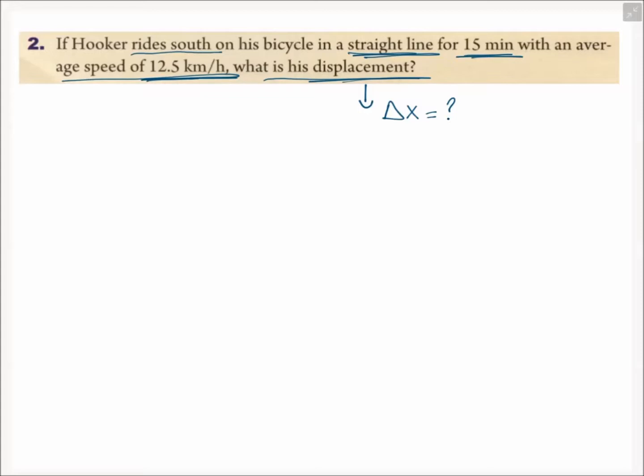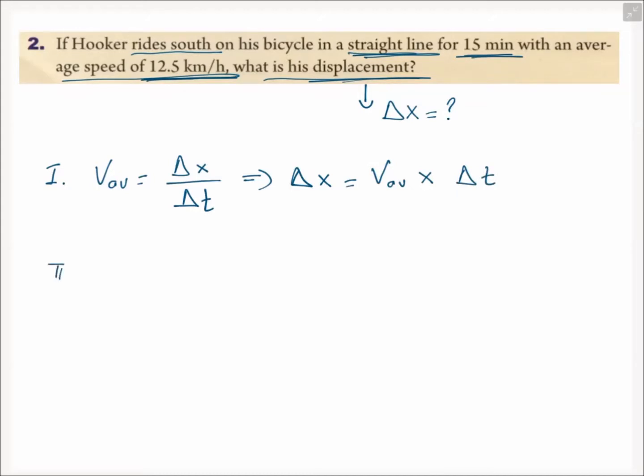First step, v average equals delta x over delta t. The question says what is the delta x? So delta x equals v average times delta t.